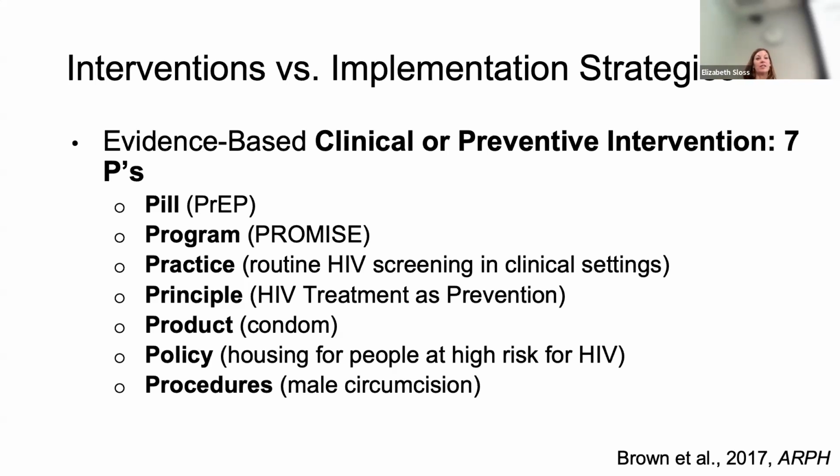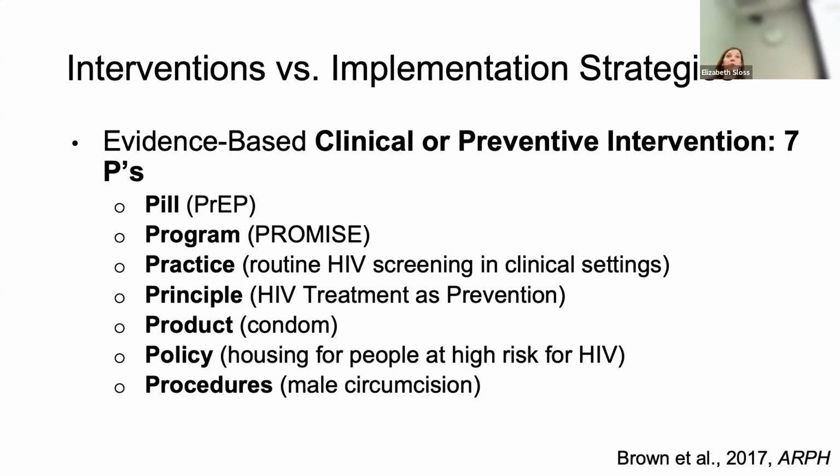In implementation science, you'll often hear the 7 Ps in terms of what your evidence-based thing can be. I'm trained as a behavioral scientist, so I often think of interventions or programs as my thing. But if you're in pharmacology, you might think of a pill as a treatment. So it can be a pill, a program, a practice, such as clinical care guidelines.